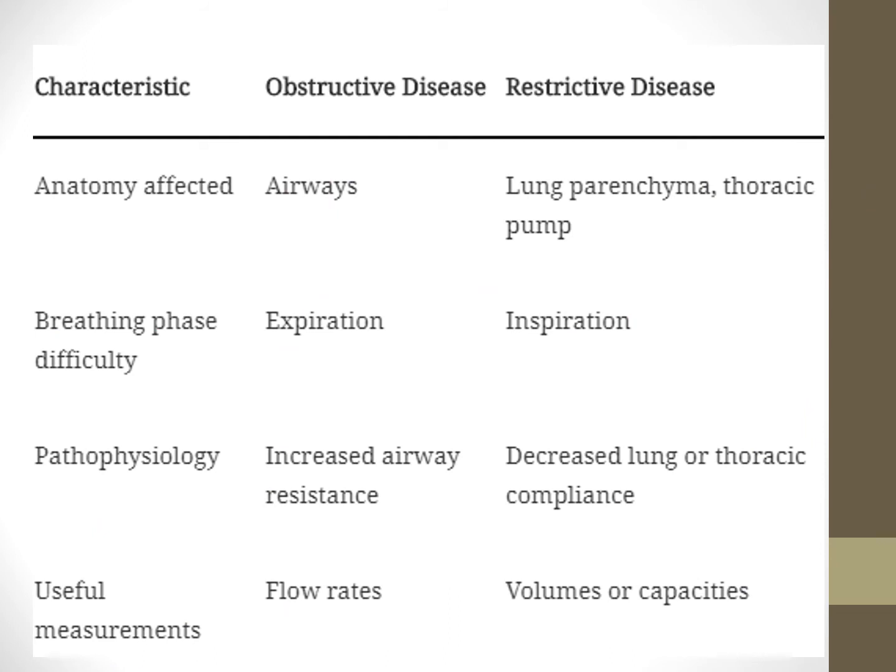All right, so what are some characteristics when we're looking at this? This is directly from your book. The anatomy of the affected airways, lung parenchyma, and thoracic pump is what we're looking at for restrictives. So are your airways affected, or is the respiratory zone?